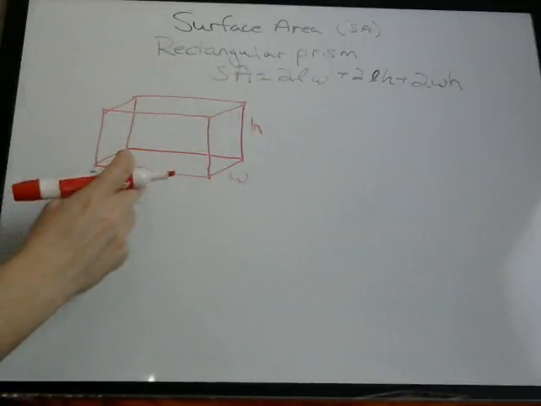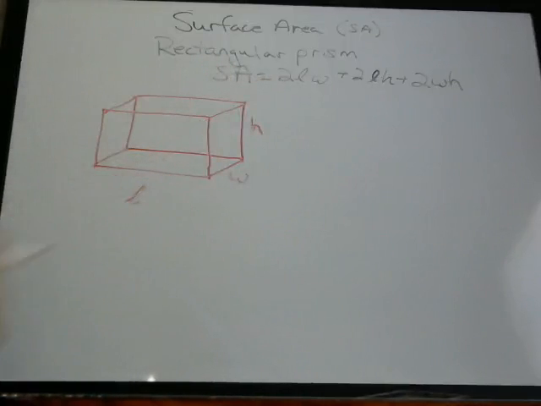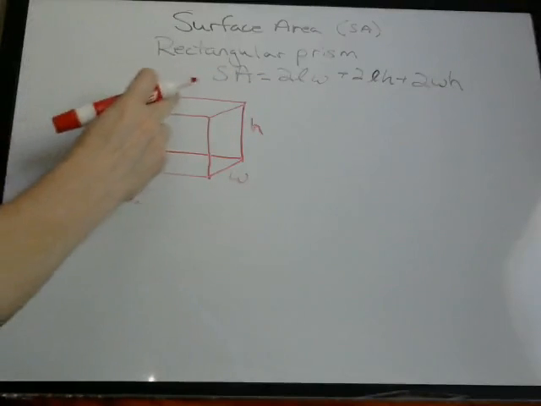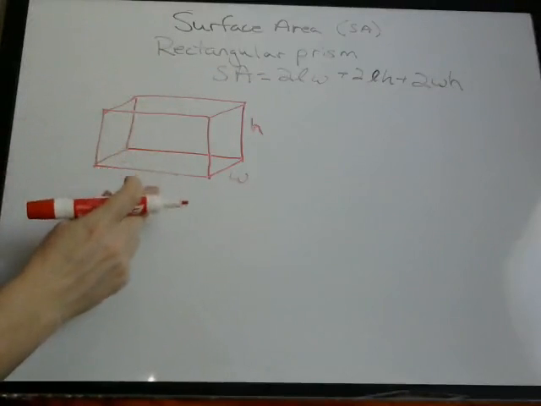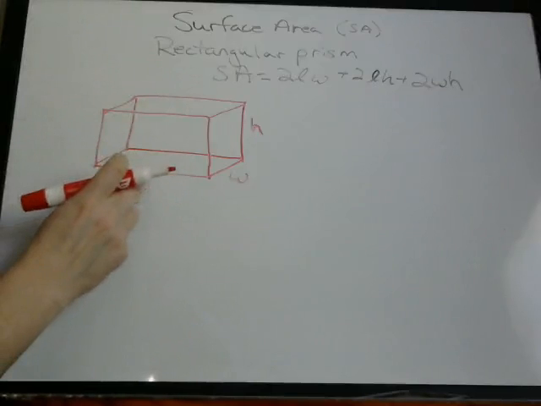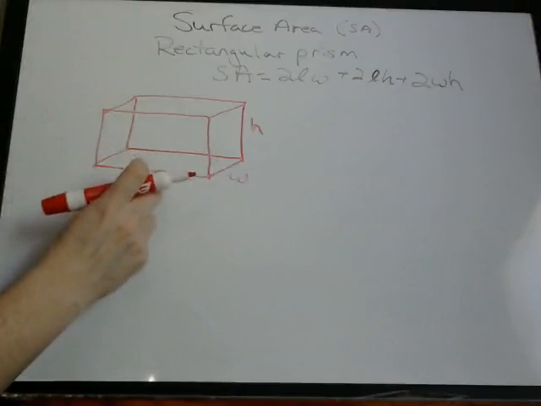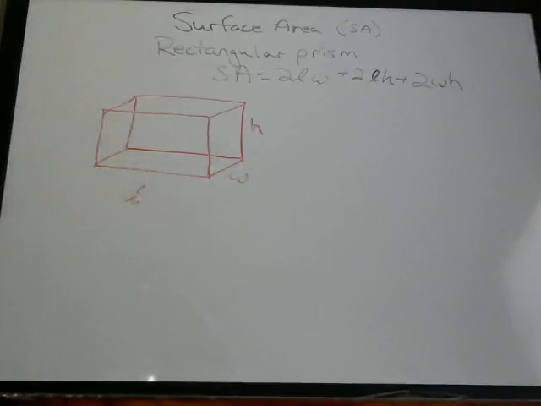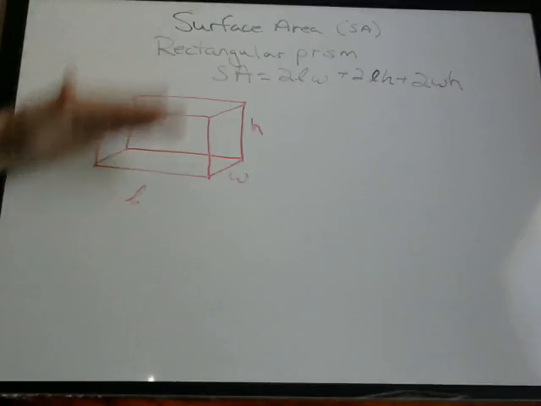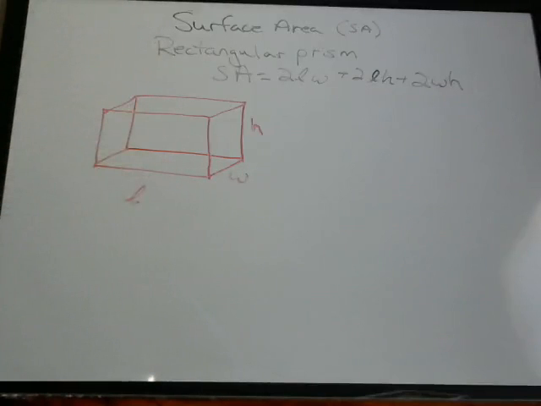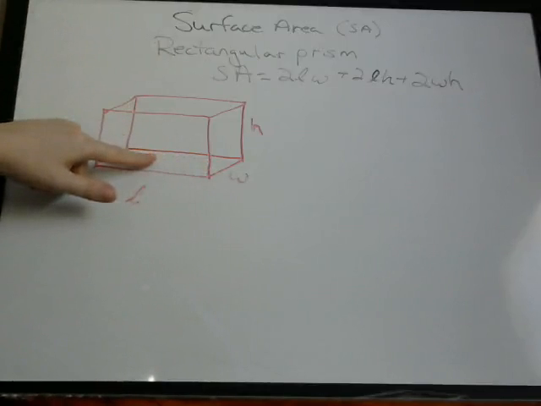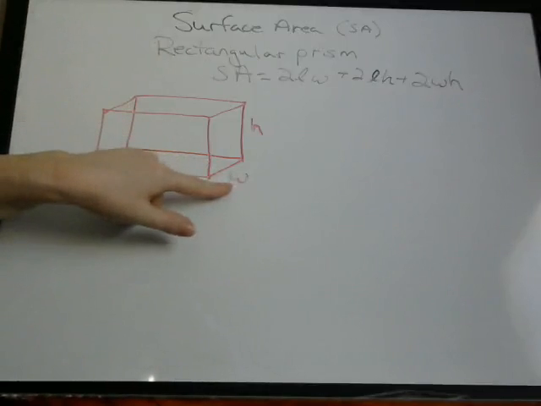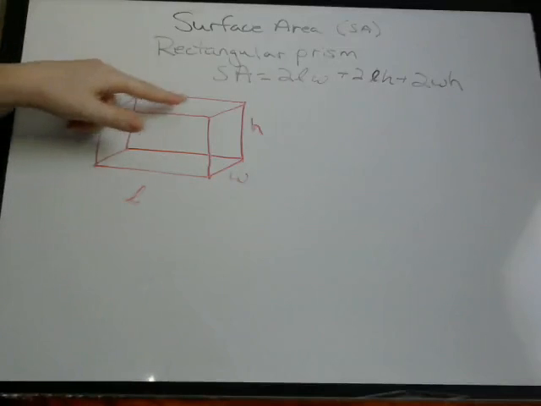You can see the bottom and the top, for example. How do you find the area of that rectangle? Well, the area of a rectangle is length times width. We have 2 of them, and they're exactly the same. In a rectangular prism, the top and the bottom have exactly the same dimensions. So the area of the bottom is length times width, and the area of the top is the same thing, length times width.